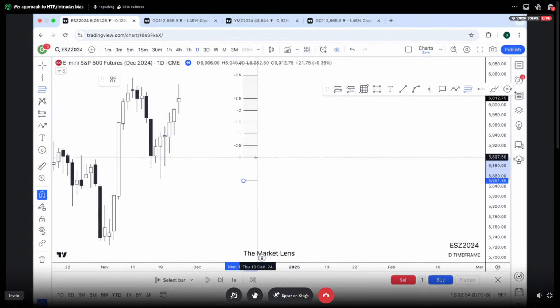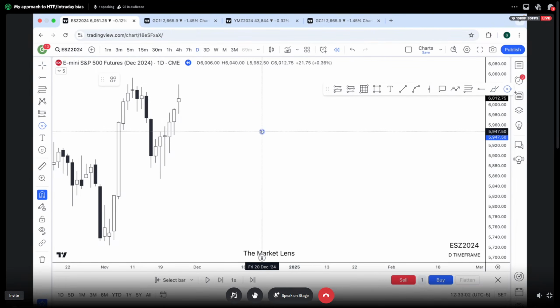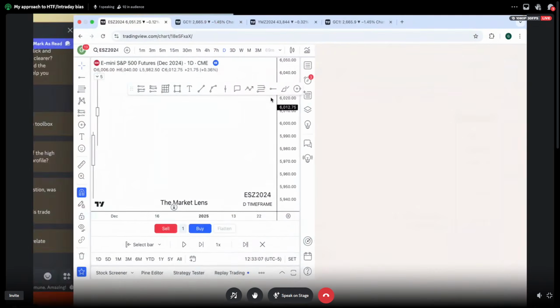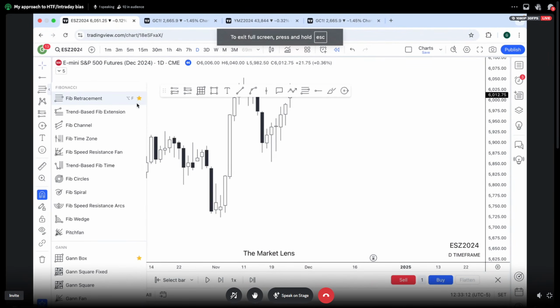You can watch T-Trade's video on that. What else? Obviously, just a line for teaching purposes. I don't even know why I have this. That's it. And to get it on your screen for this hotbar, you have to go over here and you have to star it. So if I want to star this, see how it appears on my hotbar.